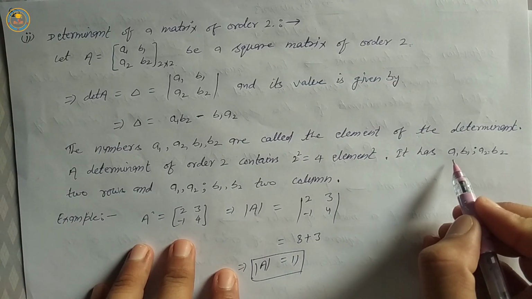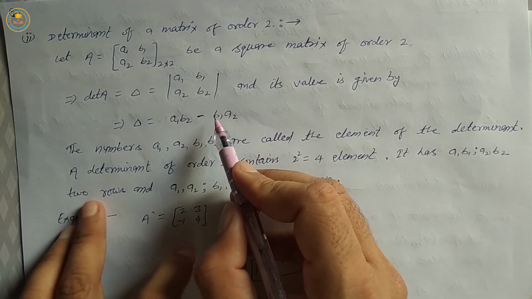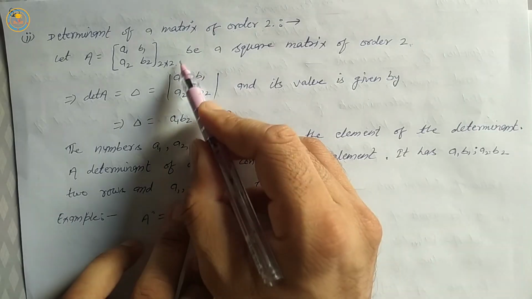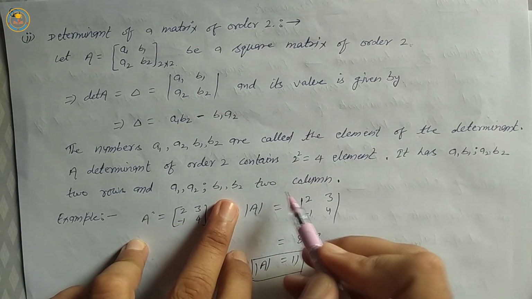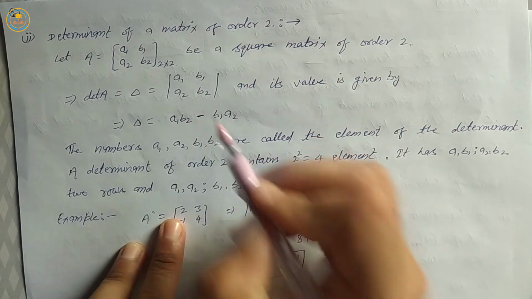So it has two rows, first row and second row, and two columns, r1, r2, c1, c2.